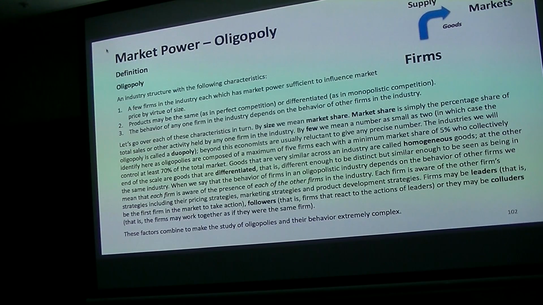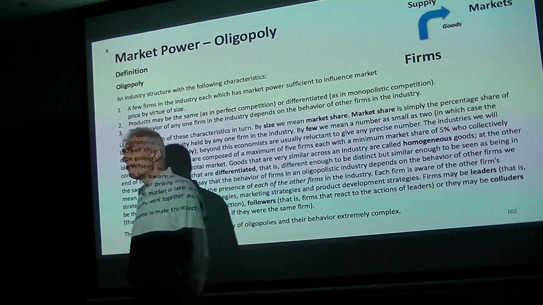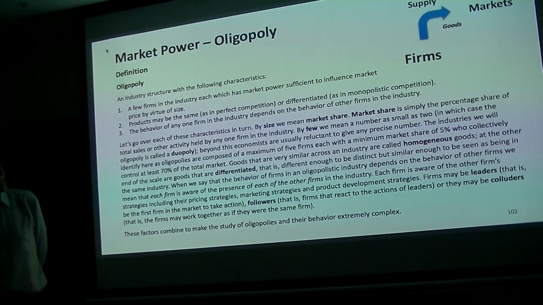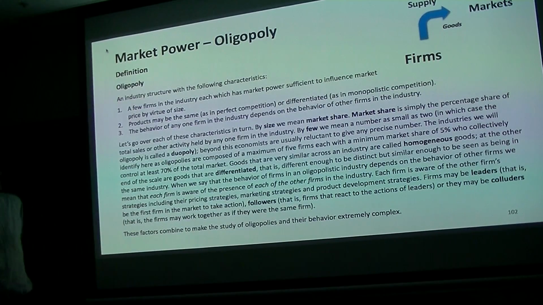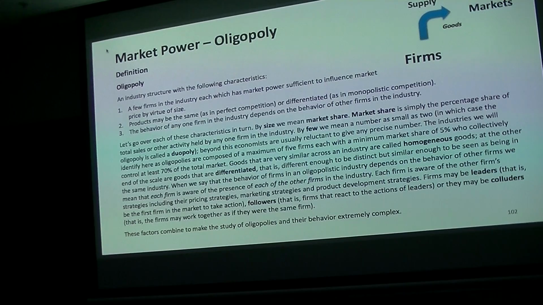So we're going to look around for examples where there are at least 5 firms in a market, where each firm has at least 5% market share, and that collectively those 5 firms control at least 70% of the market. If we have that, by that definition, I will say that industry has an oligopolistic structure. That it is an oligopoly.